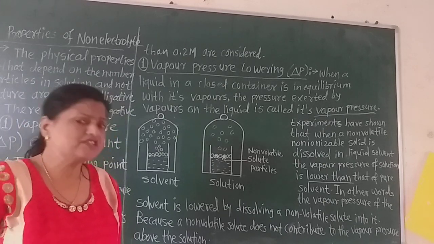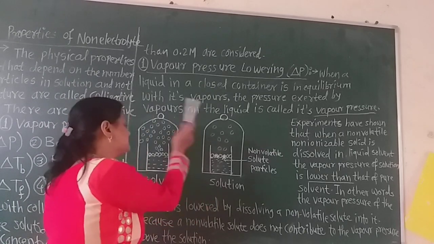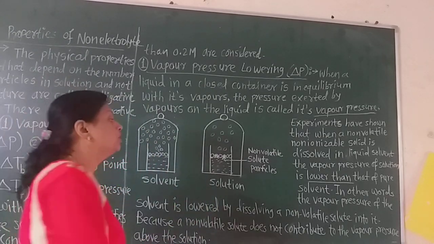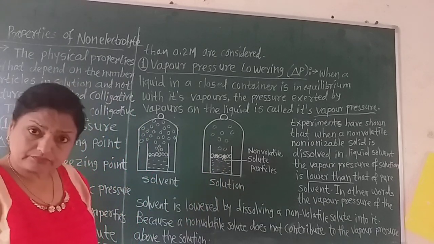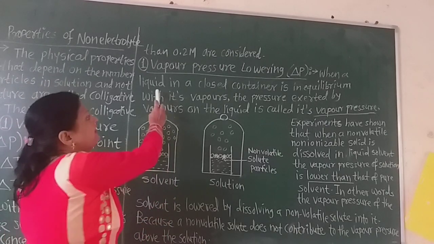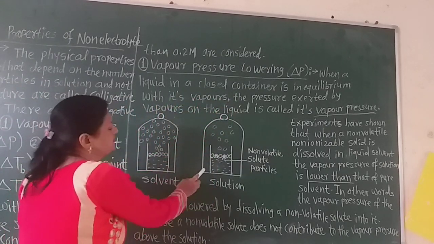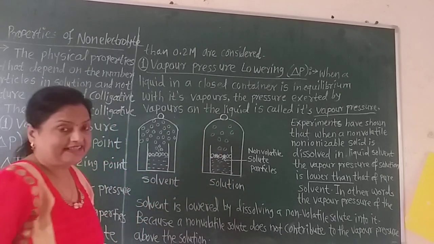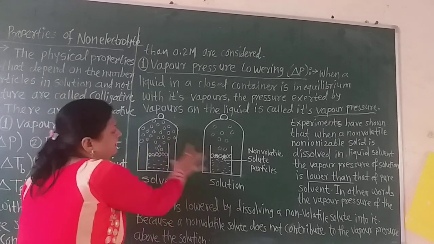So the vapor pressure of the solution is always less than the vapor pressure of the solvent by the addition of the non-volatile solute. Now this is the bell jar, kept inverted on these beakers containing solvent and solution. That is, it is the closed container.